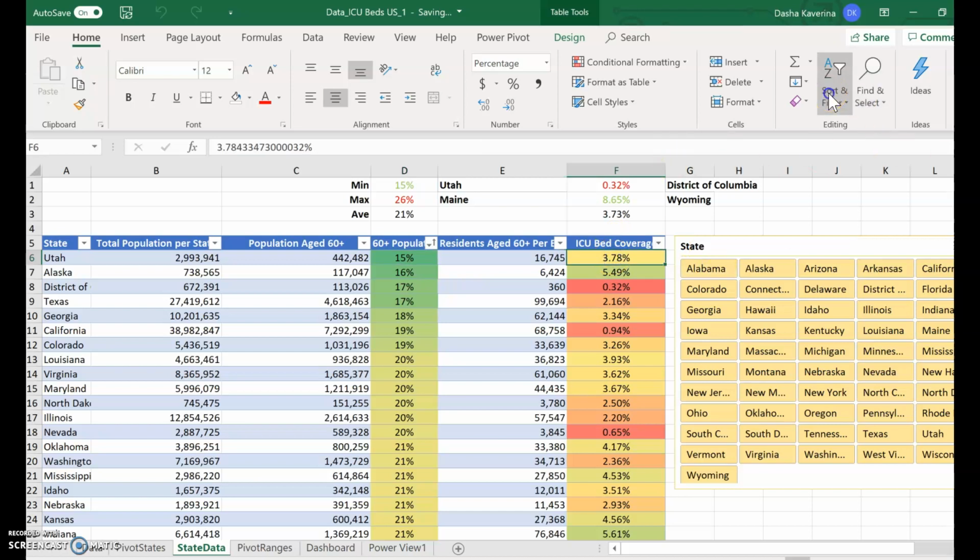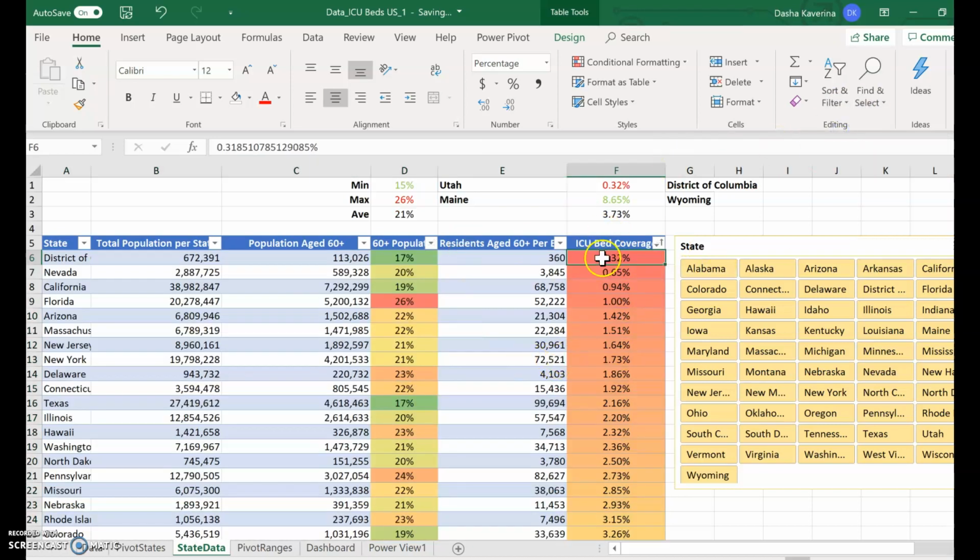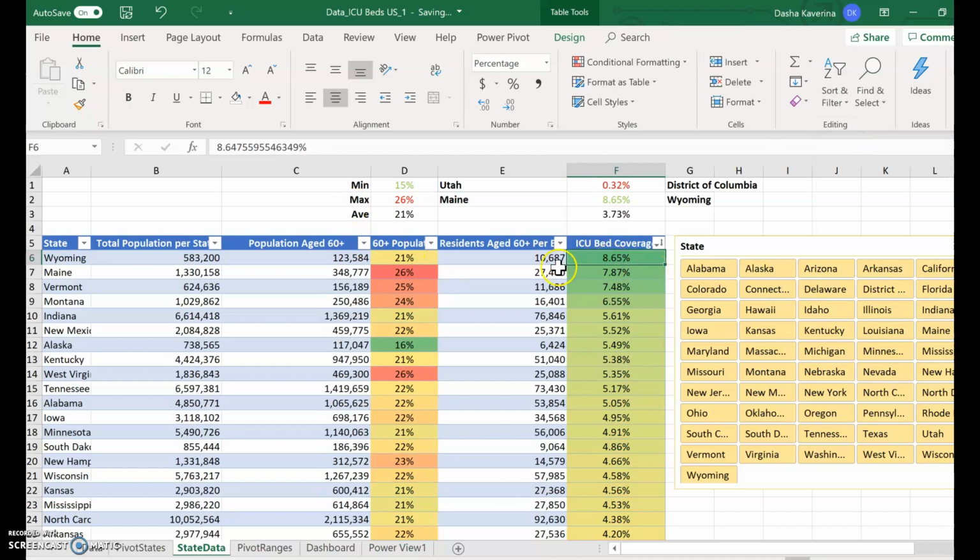With the ICU bed coverage, it's actually the opposite. The lower the number means the fewer ICU beds the state has per person ages 60 and over. So we consider this to be at the highest risk. Ideally, all 50 states have the best coverage.